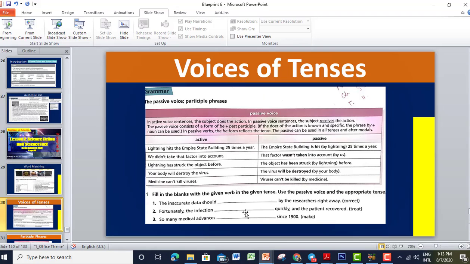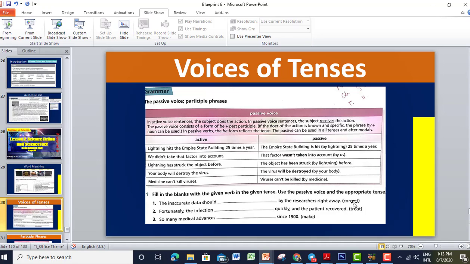So now everyone, can you fill in the blank here with the given verb in the given tense, and use the passive voice and the appropriate tenses. So the first one, number one: the inaccurate data should by the researchers right away.